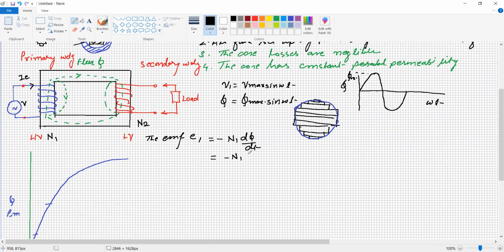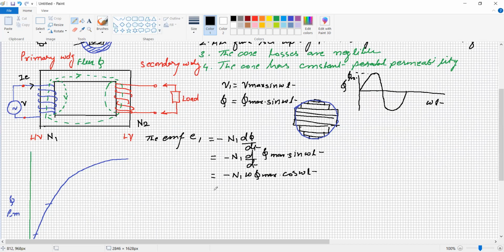Taking the derivative, d by dt of phi maximum sine omega t, we get minus N1 omega phi maximum into cos omega t.